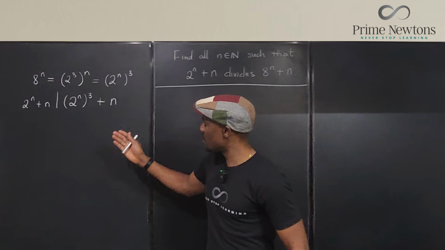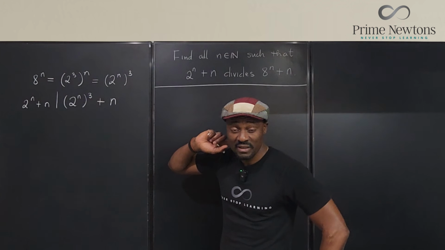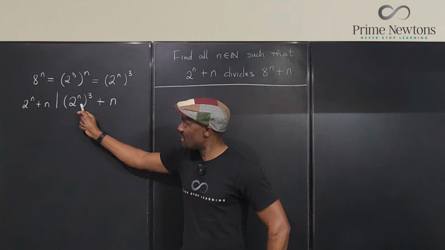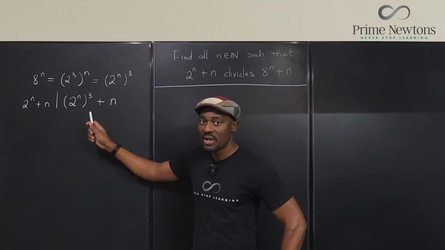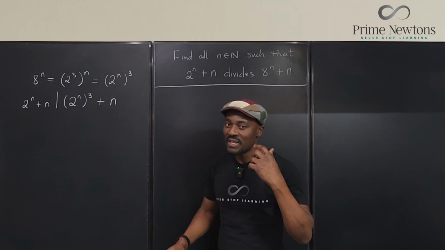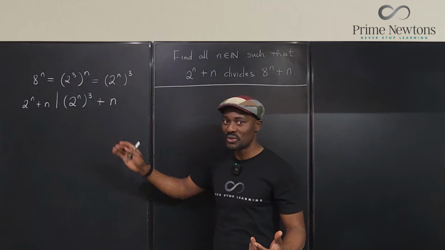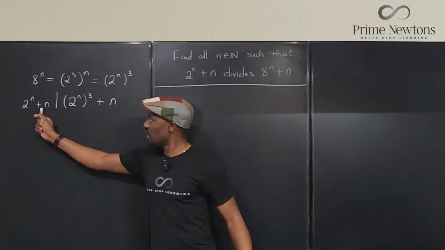So let's go here and find a way to manipulate this. Because of the presence of a cube here, I'm beginning to think of the difference of cubes or the sum of cubes, like changing this expression to some factoring that will contain this.